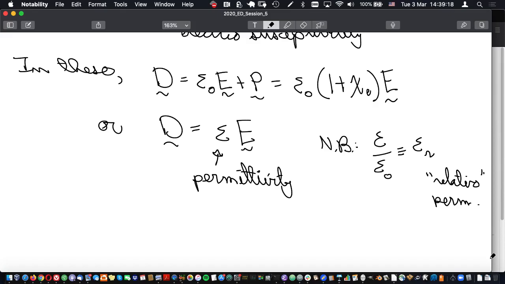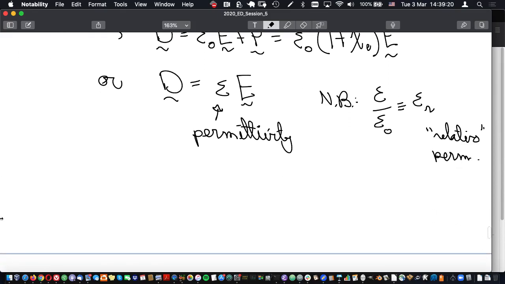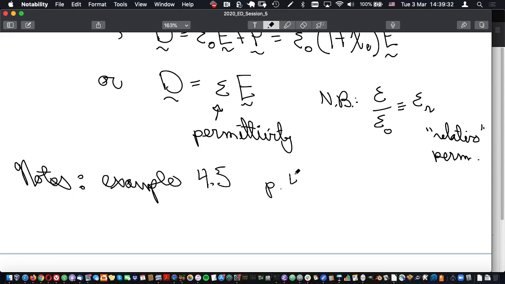In the notes, there's a nice example, example 4.5, on page 411.